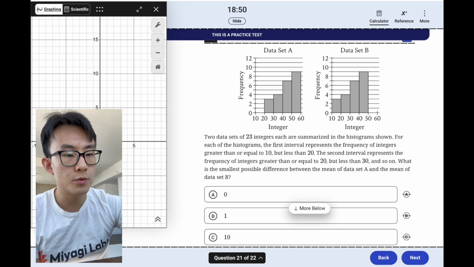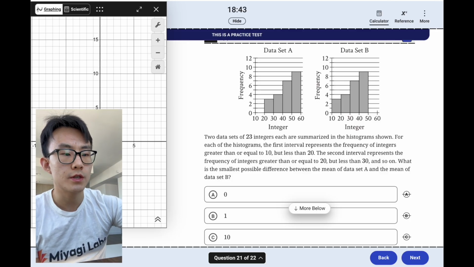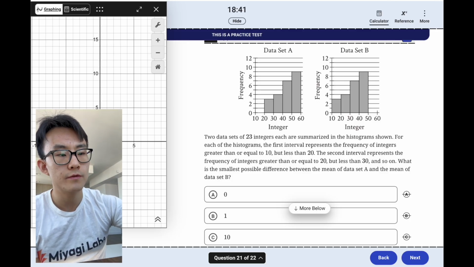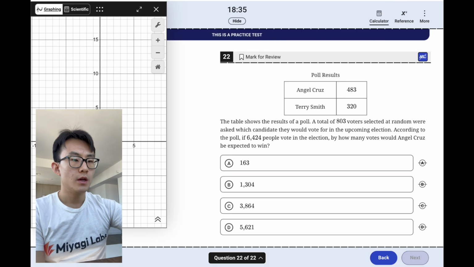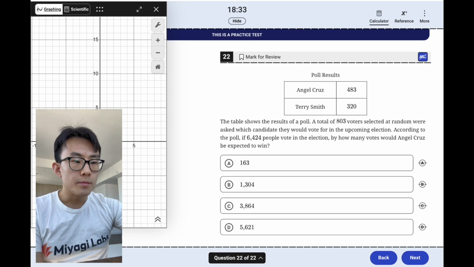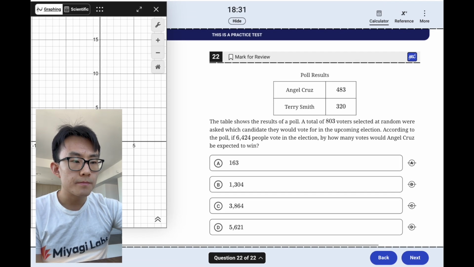Data set A is going to be between 40 and 50. So we want data set A to be small. So let's just say it's 40 because it can be greater than or equal to 40 but less than 50. So it can be 40 and this one can be 39 and they're integers, so it has to be at least one.